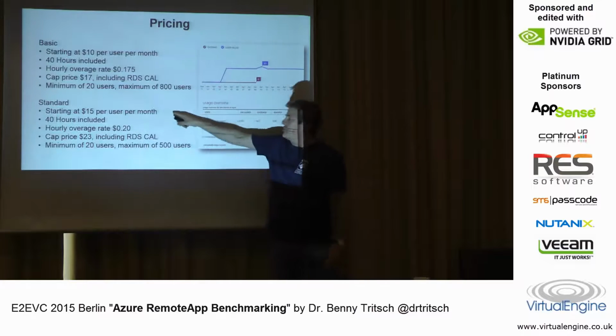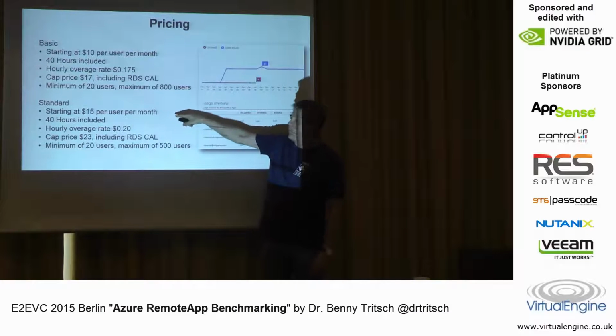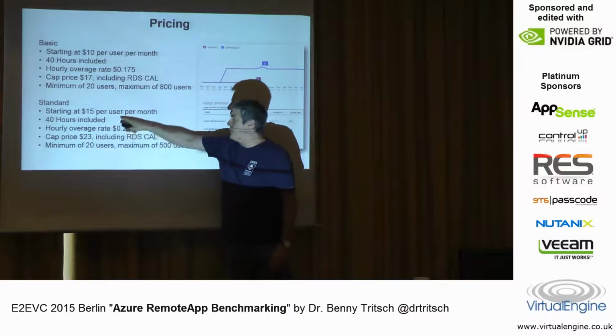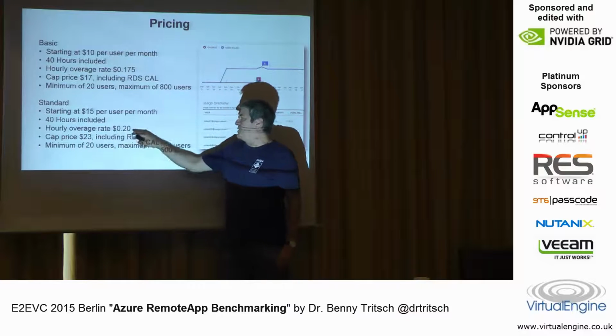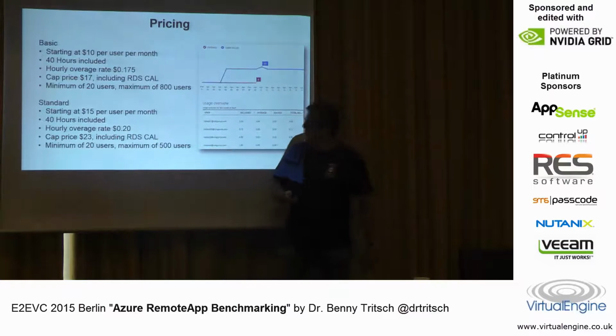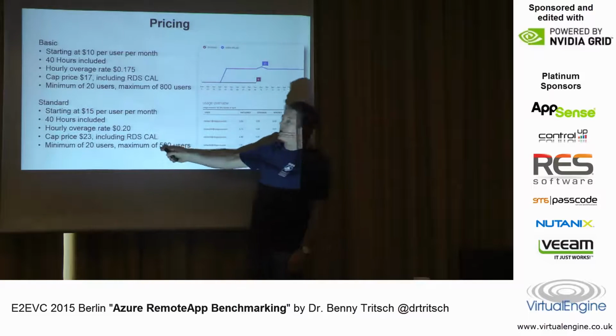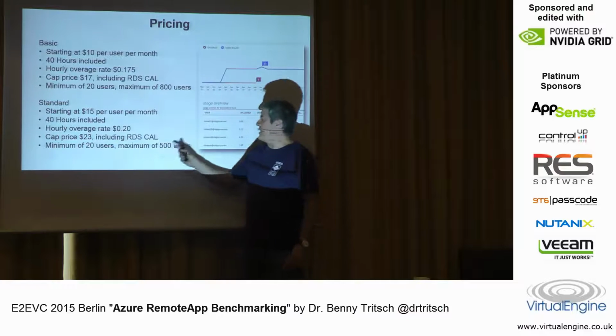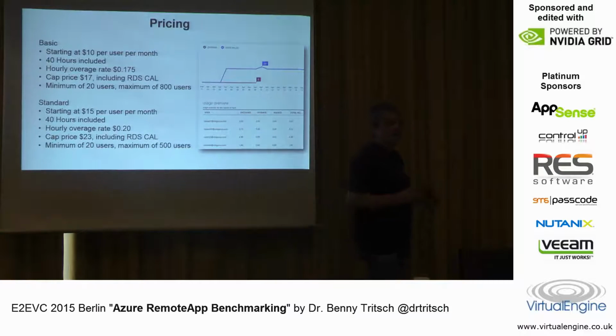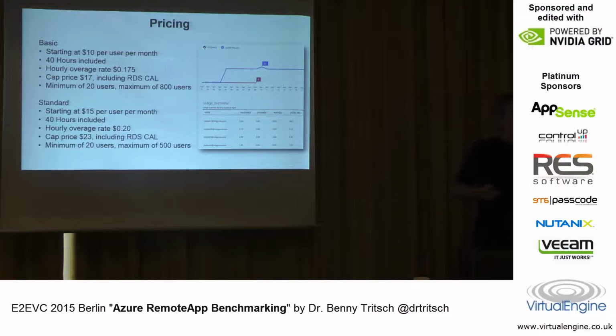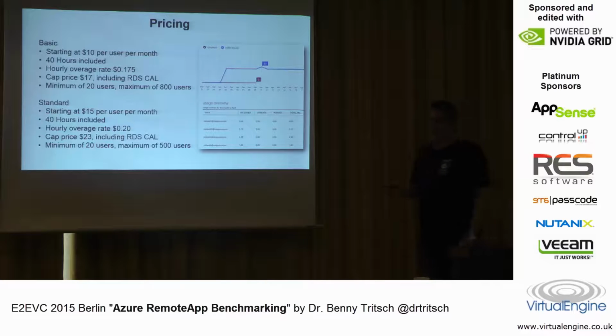And the standard plan with 10 users max per VM, again 40 hours, 20 cents, maximum is $23. You have to book a minimum of 20 users. Until now, they have a maximum of 500 users. If you want to have more, you need to call them. So they want to be careful.